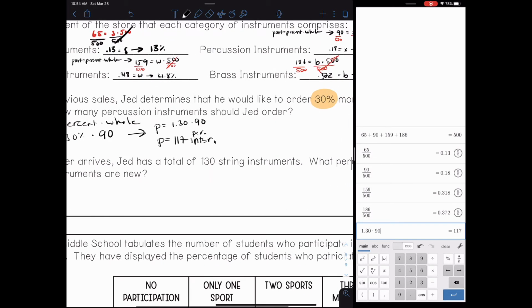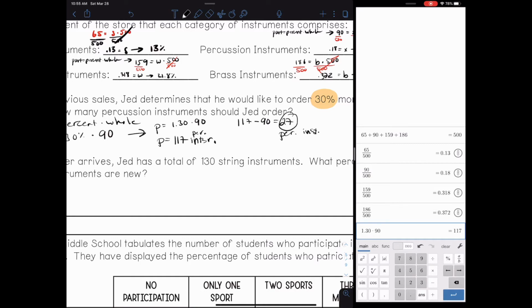Well, 117 minus 90 gives us 27. So he's going to order 27 more instruments, which is 30% more. So it's 27 more percussion instruments.